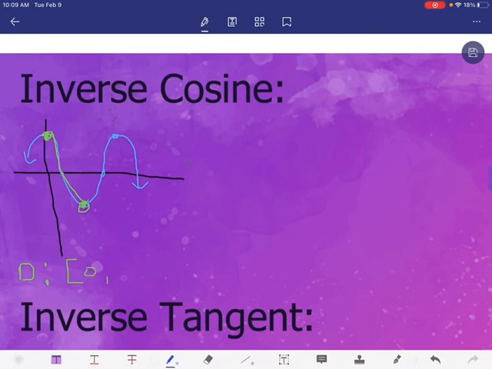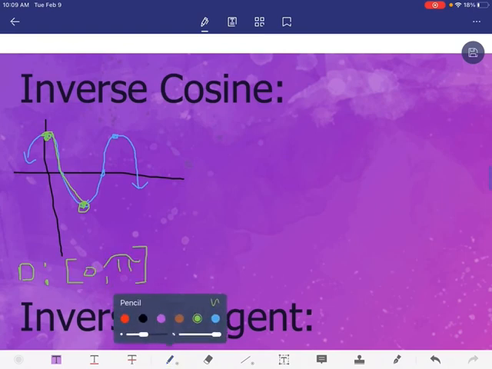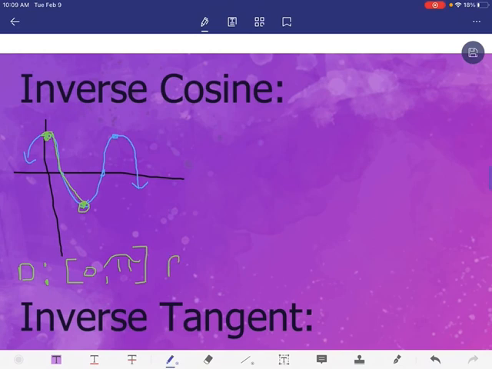And then remember that our second maximum happens at 2 pi, and our minimum is halfway in between that, which would be at pi. Our range is still going to be like normal. It's from -1 to 1.